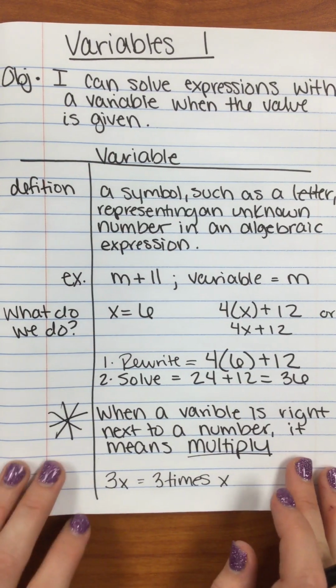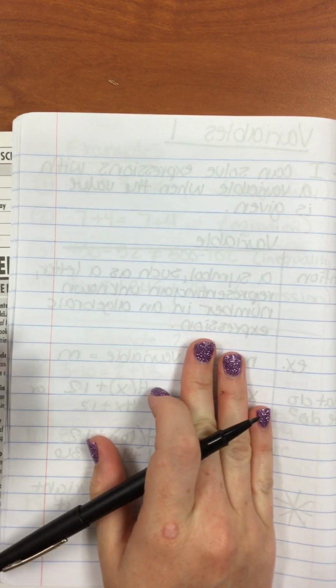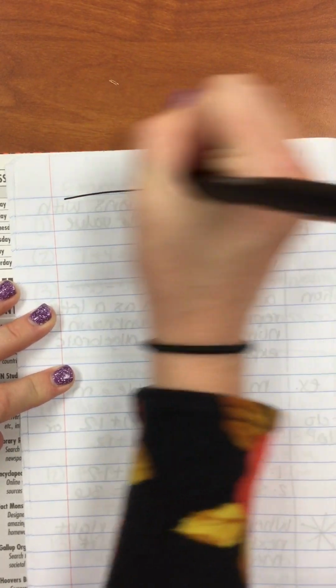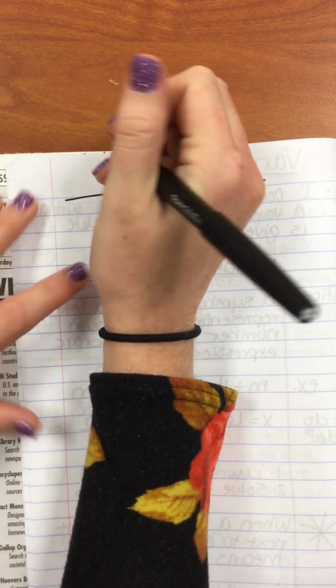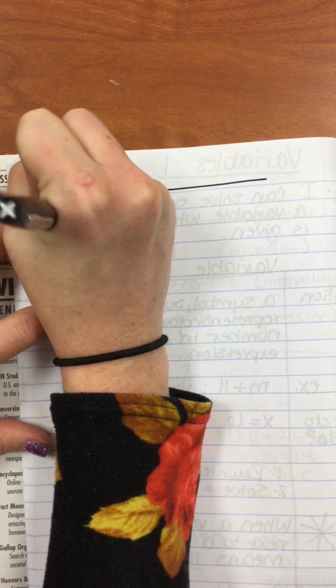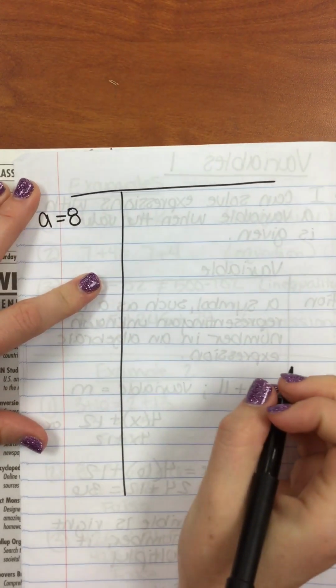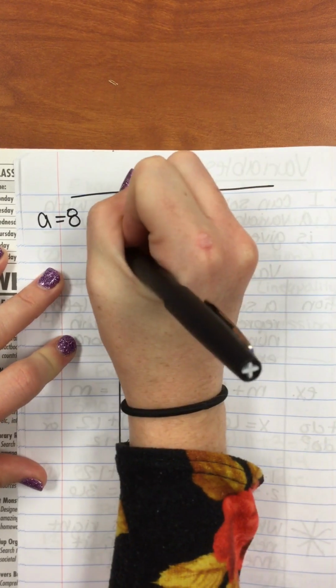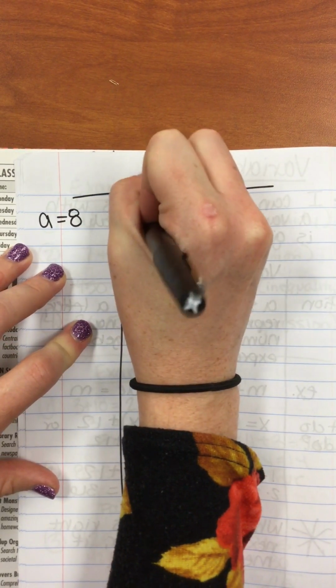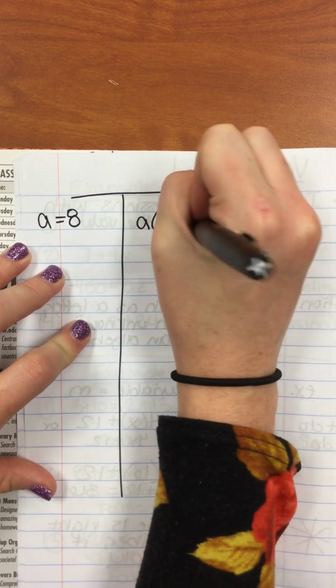Okay, let's try some examples with just one variable. So a equals 8, and here's my first example. A times 7 plus 5.